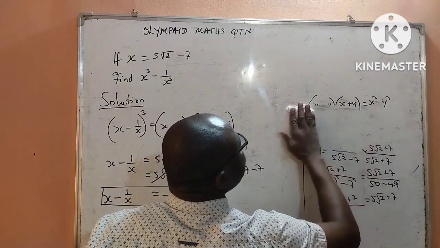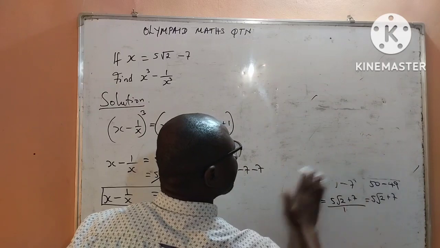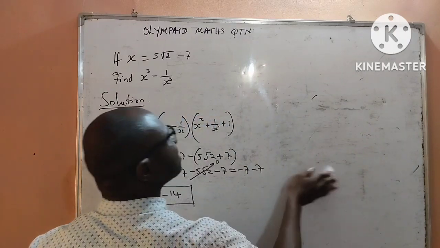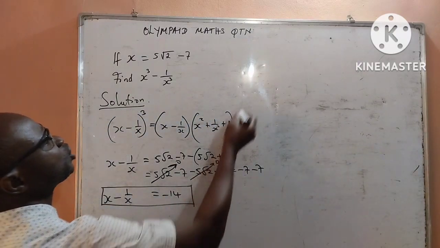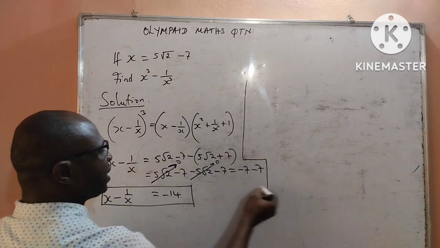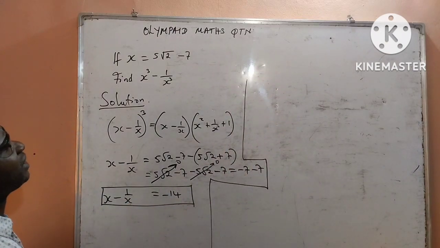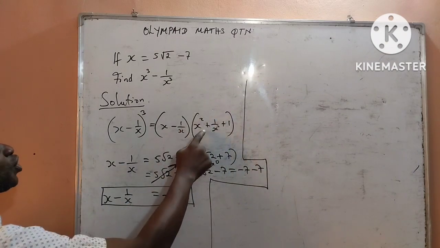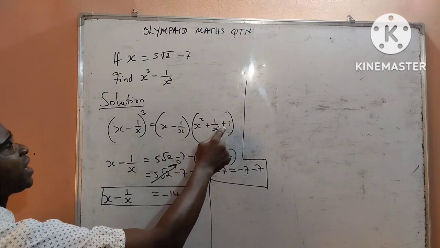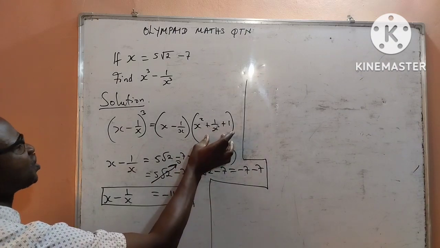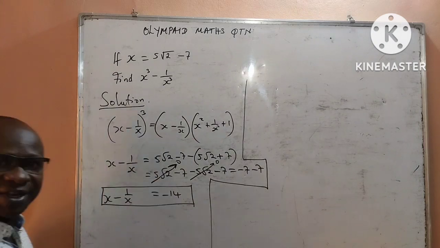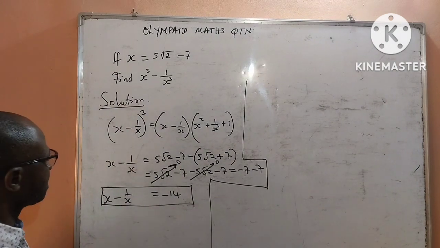Okay, moving forward, we go into the second bracket. Here, I have x squared plus 1 all over x squared plus 1. This is gotten when we did difference of 2 cubes.